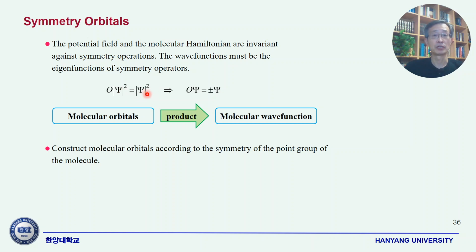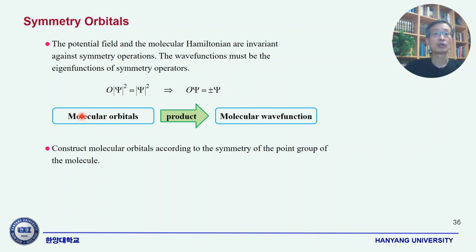It doesn't change, which means that if the symmetry operator operates on a molecular wave function, it could be symmetric or anti-symmetric. The total wave function of a molecule is a product of molecular orbitals, occupied molecular orbitals of course.